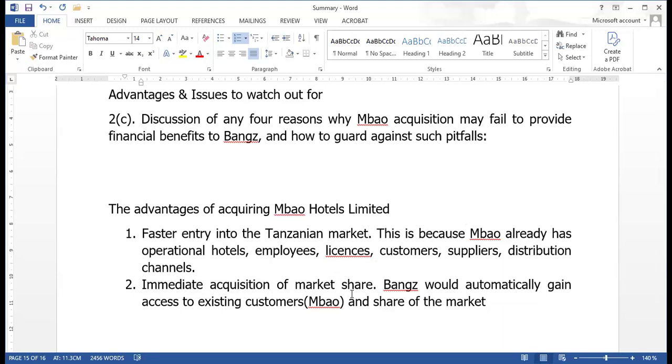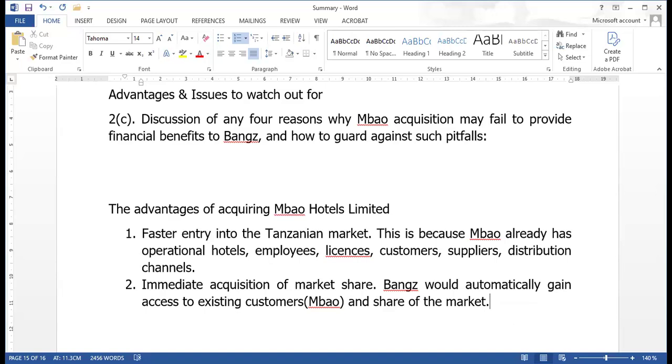Instead of starting from scratch where you are going to hunt for customers, that one really can affect the market. So with point number 2, it saves Baganzi from having to attract all customers from the beginning. You are not attracting the customers from the beginning.